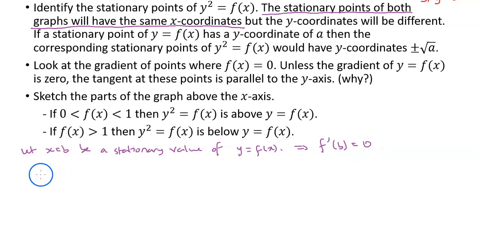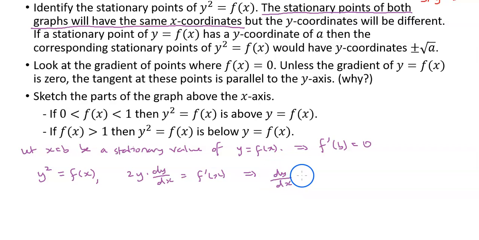Now if we consider the graph of y squared is equal to f of x, and we want to differentiate that, then using implicit differentiation, we get 2 times y times dy over dx is equal to f prime of x. And so that tells us that dy over dx is equal to f prime of x divided by 2 times y.